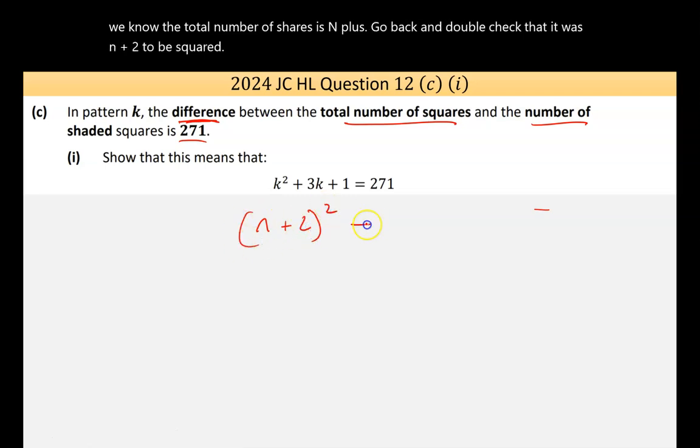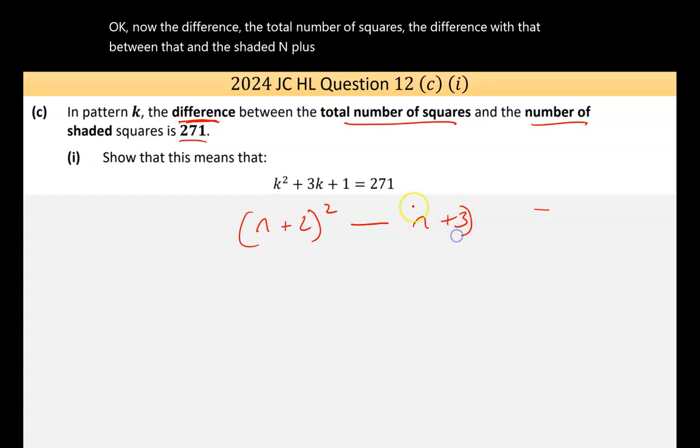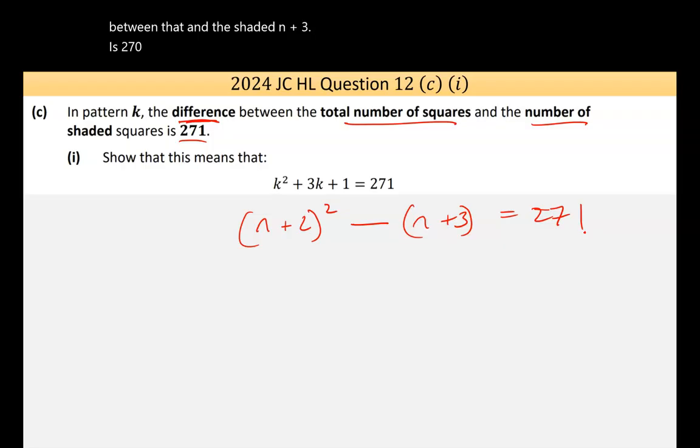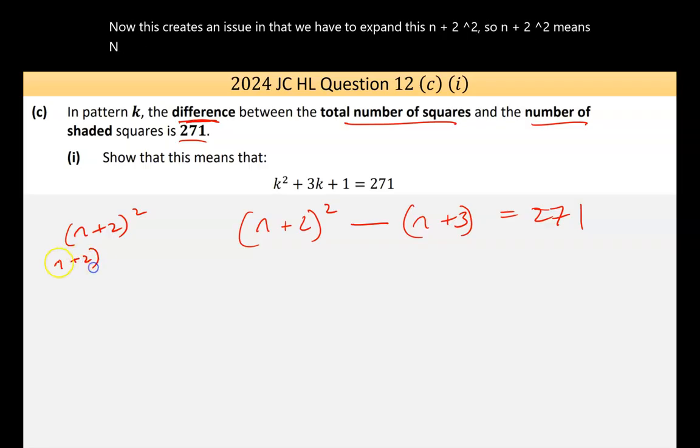Now the difference between the total number of squares and the shaded squares, n plus 3, is 271. Now this creates an issue in that we have to expand n plus 2 squared. So n plus 2 squared means n plus 2 multiplied by itself.